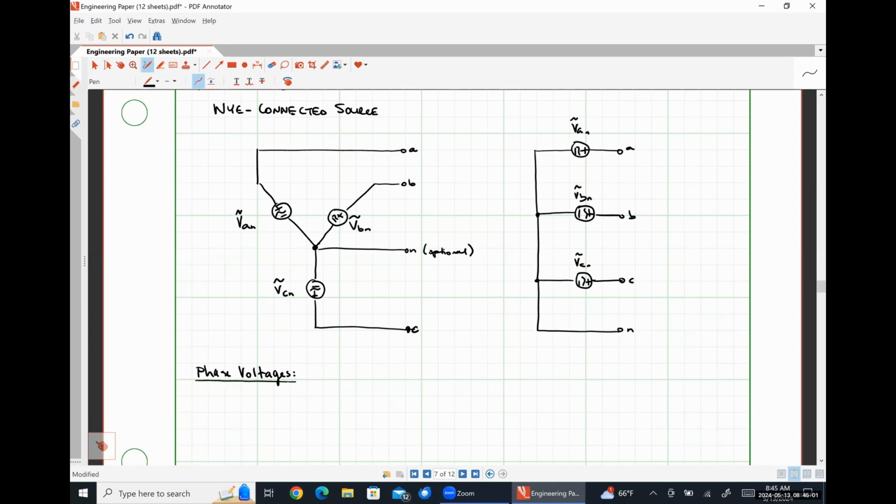So a phase voltage is simply the voltage drop over one phase of a source or a load. So I'm going to ask you guys, what do you think the phase voltages in this particular voltage source are?